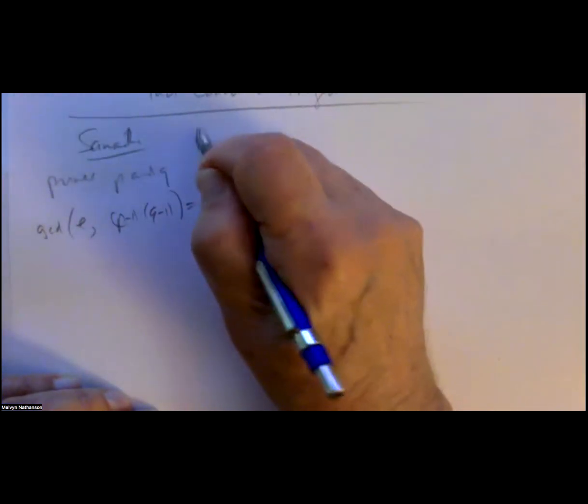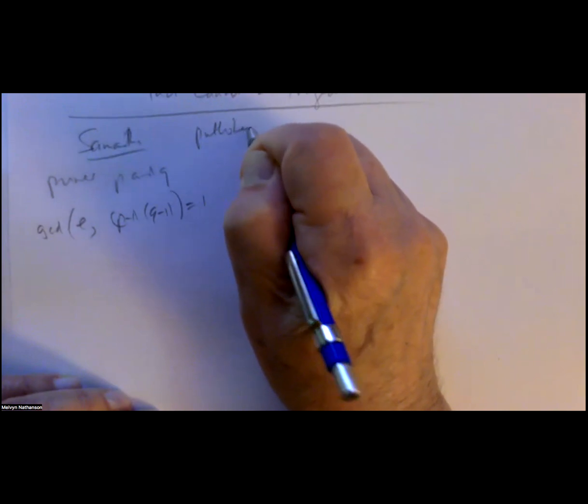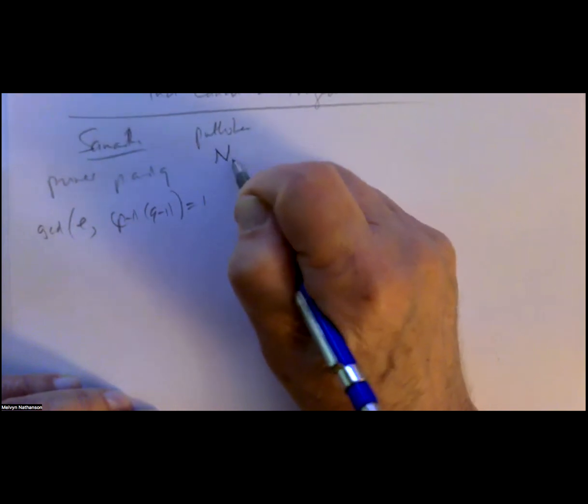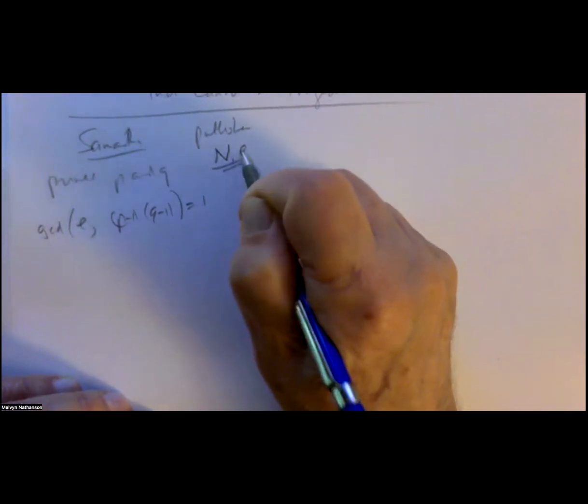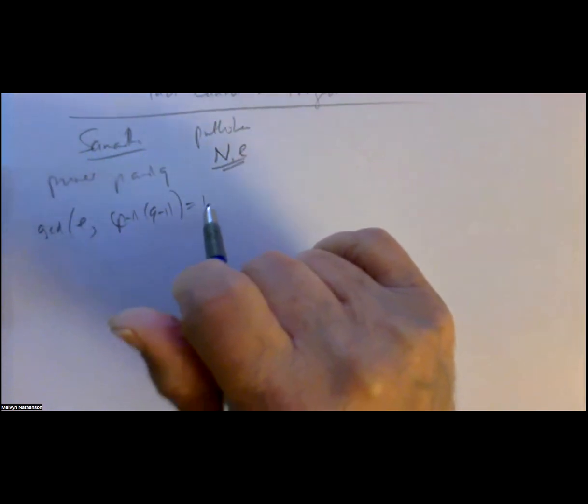And what Samantha publishes to the world are the numbers N and E. Now, everyone knows N and E. So she wants to send a document which has her name on it. She wants to send her signature.